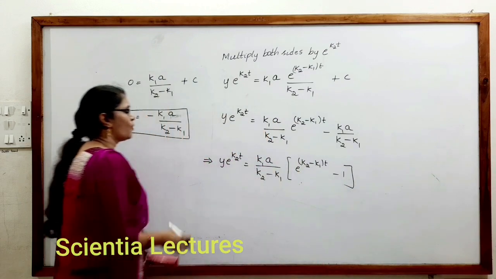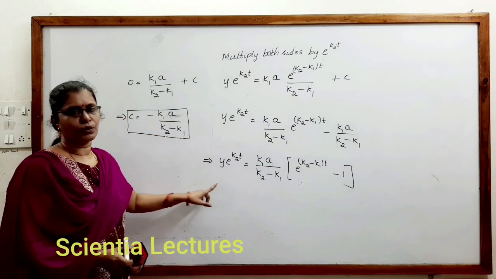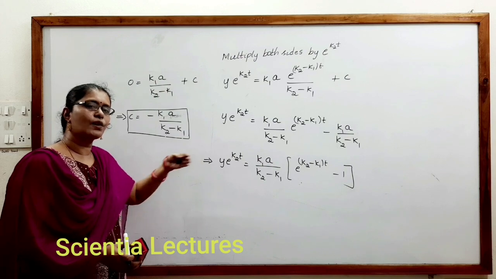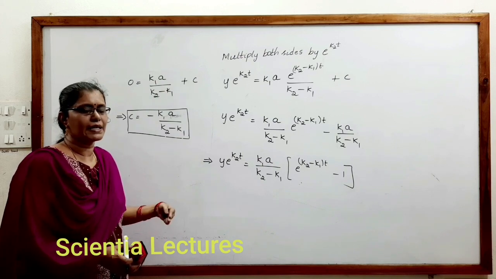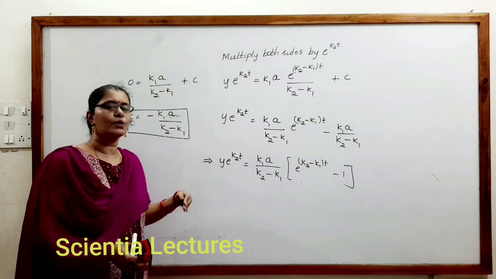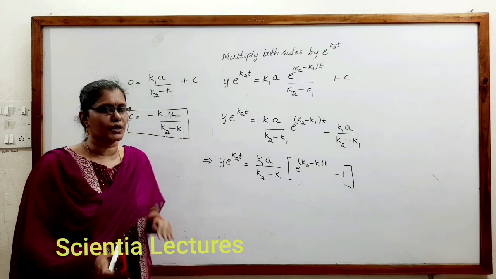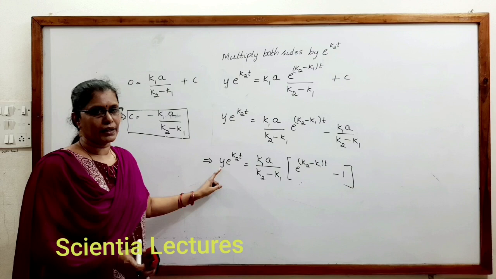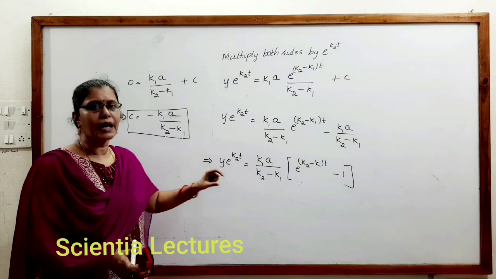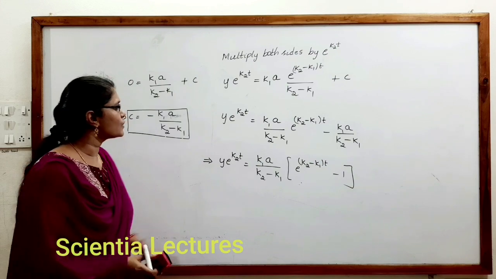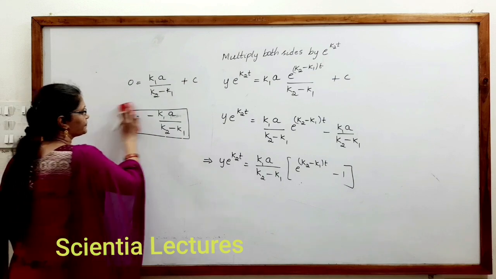Now what we want is y. Already the remaining concentration of A we have found, that is a minus x, equal to a e^(minus k1 t). It is a regular first order exponential form. Now we want y, the concentration of B at an instant t. We need to find it.